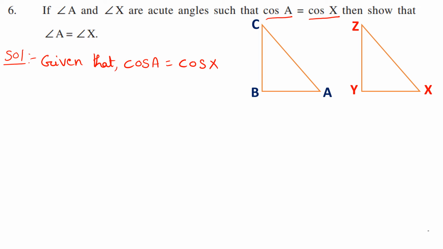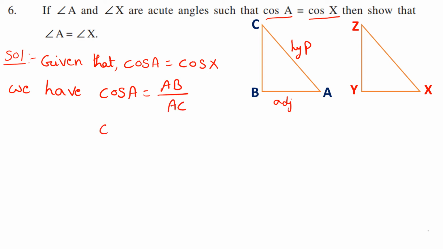Now cos A equals what? This is adjacent and this is hypotenuse, so cos A equals adjacent by hypotenuse, that means AB by AC. Like that, cos X equals XY by XZ, where XY is adjacent and XZ is hypotenuse in this triangle.